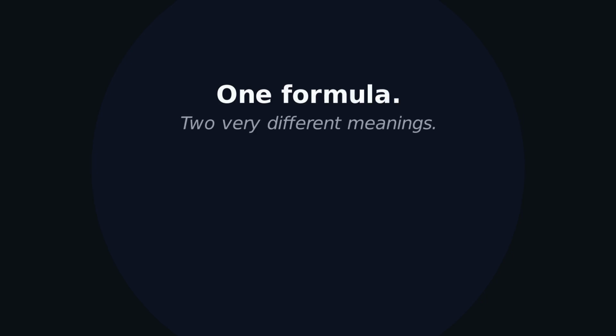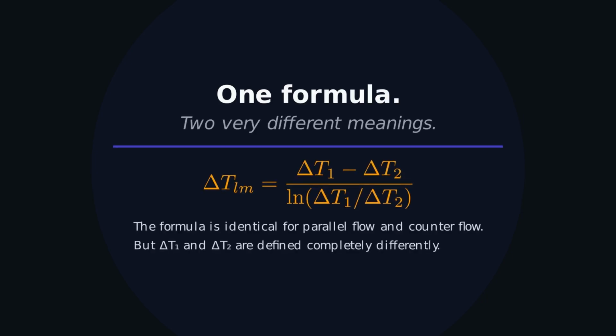The LMTD formula is the same for both parallel flow and counterflow. Delta TLM equals delta T1 minus delta T2 divided by the natural logarithm of delta T1 divided by delta T2. But the definitions of delta T1 and delta T2 are not the same.